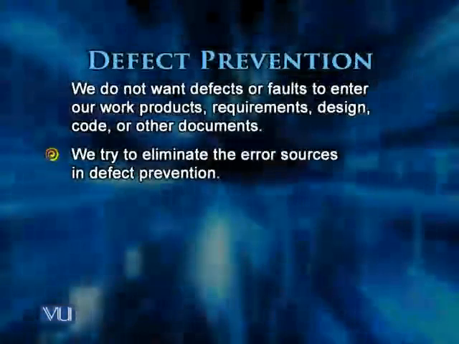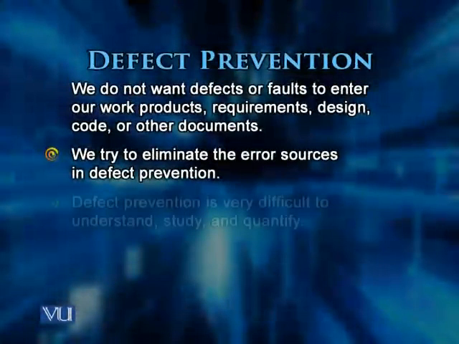We don't want them in our code and other documents. So we don't want to have to deal with defects. Now that's the ideal situation. We do not want defects in our work products. They are not welcome. So to do that, we have to prevent them from getting into our work products.